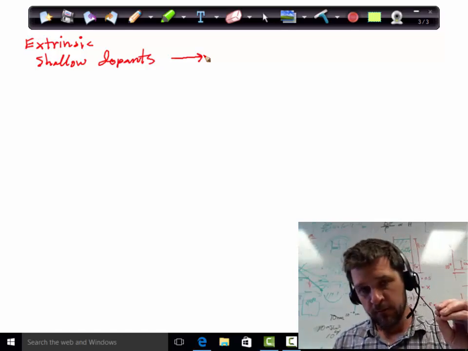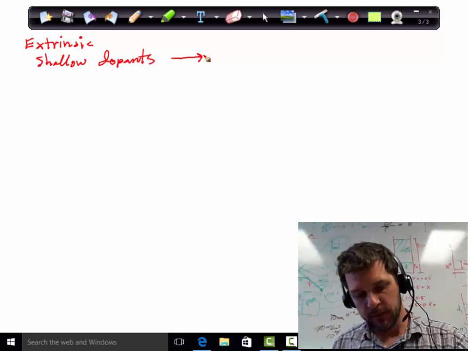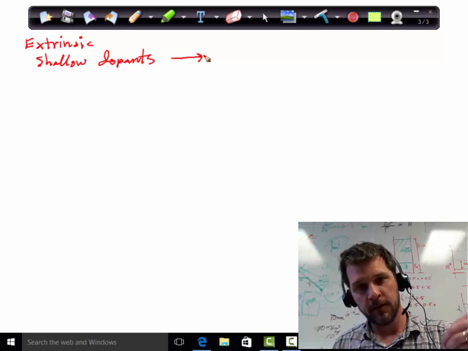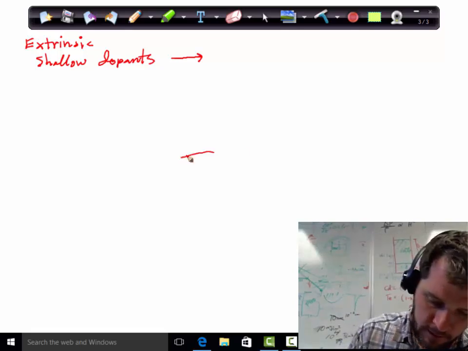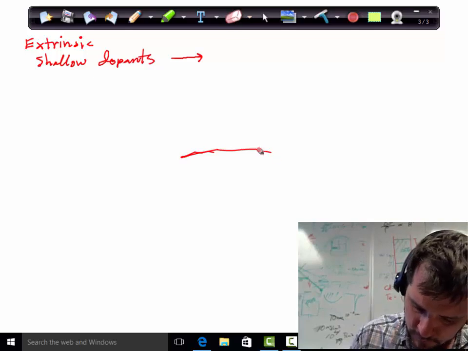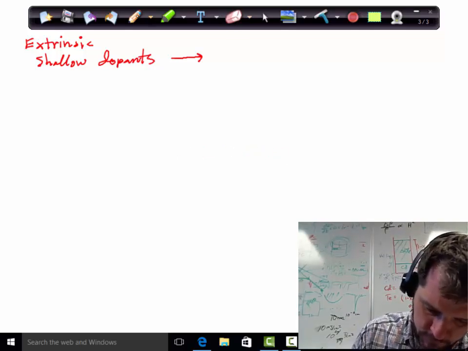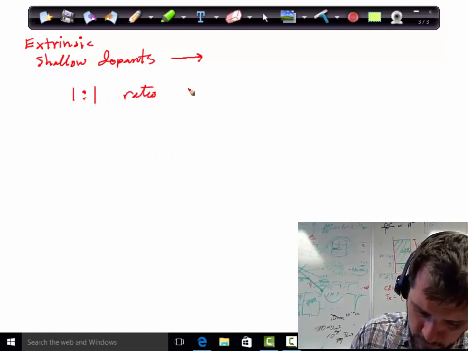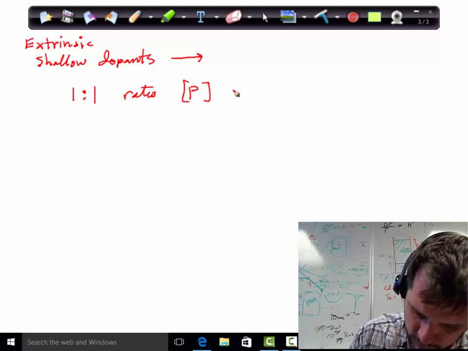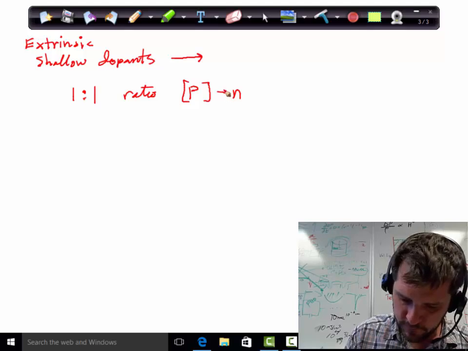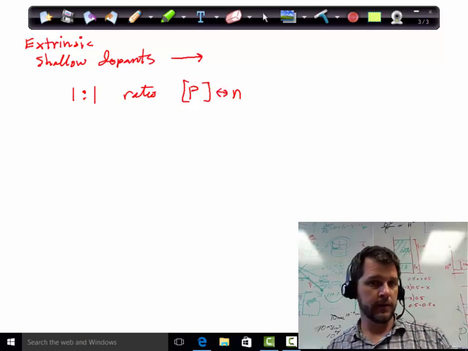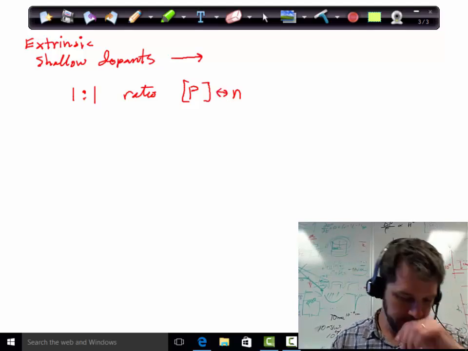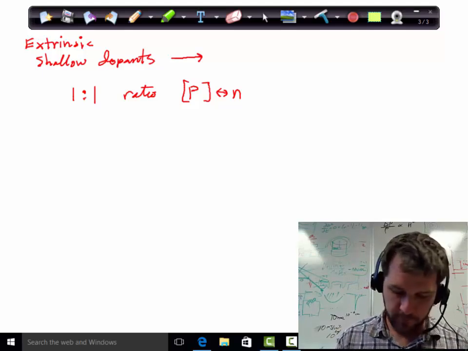But in the simplest case, the extrinsically doped semiconductor at room temperature or above, we can assume that there's a 1-to-1 ratio between the phosphorus concentration and the free electron concentration N. So every dopant gives one carrier.